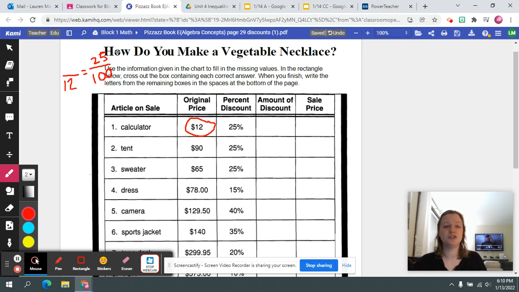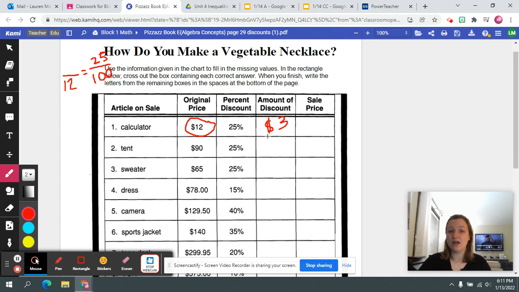Then I can cross multiply and divide: my 12 times 25, and then I divide that by 100. When I do that, I end up with a discount of $3, which means that $3 is 25% of $12. That's not the new price. That's just how much is being taken off, right?